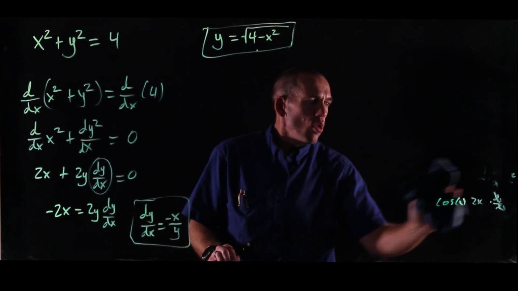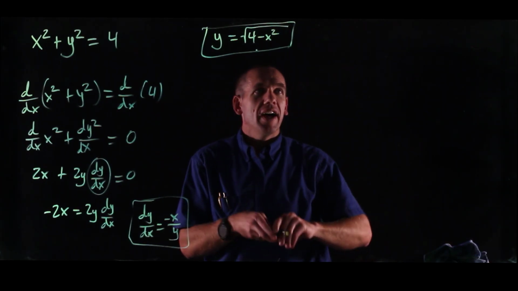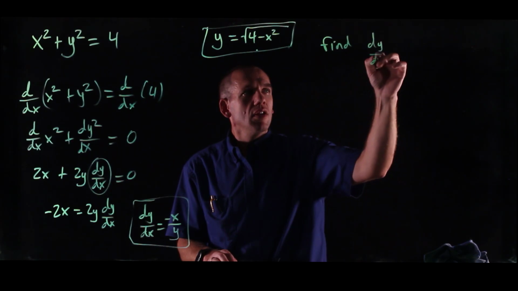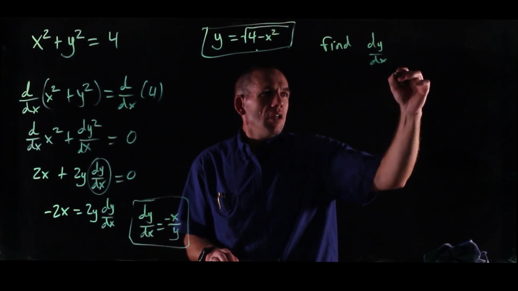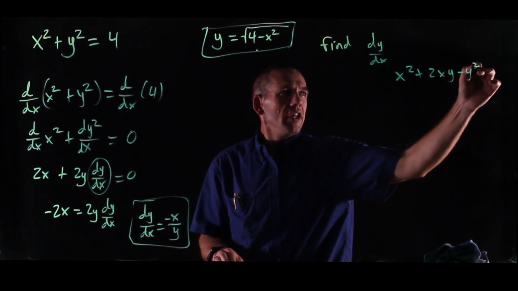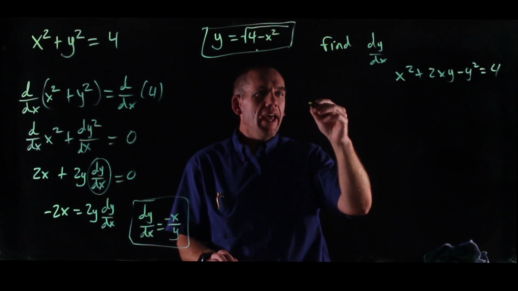So let's look at one more example of that real quick. If we want to find dy/dx for, say, x squared plus 2xy minus y squared equals 4, we're going to take the derivative with respect to x of each term.